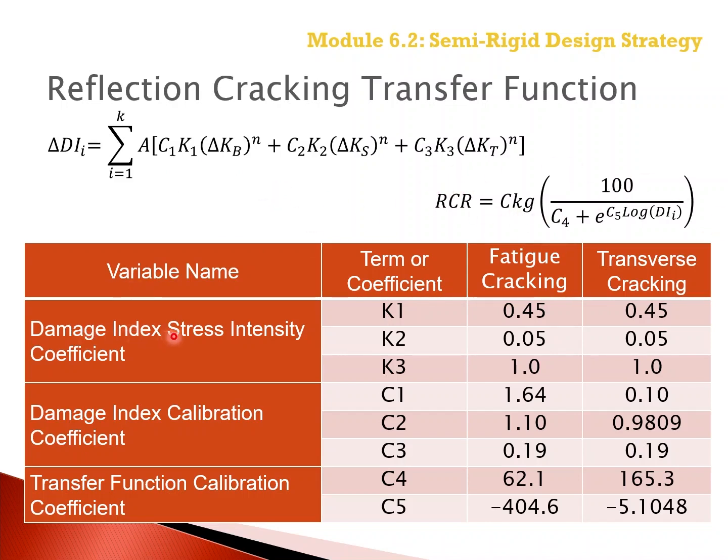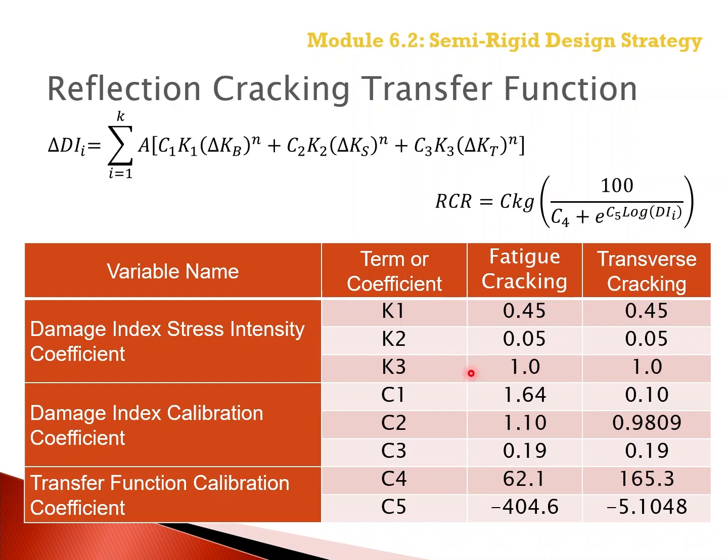So the damage index stress intensity coefficients are K1, K2, K3. K1 for bending, K2 for shear, K3 for thermal, and these are the coefficients for fatigue cracking and transverse cracking. So the damage values are basically independent of whether it's fatigue or transverse.